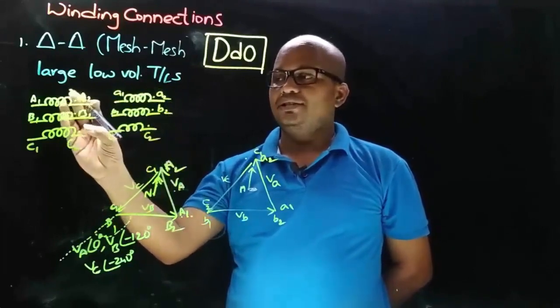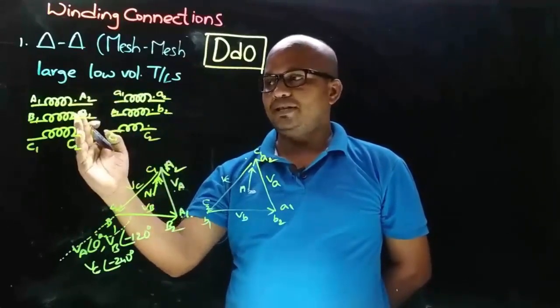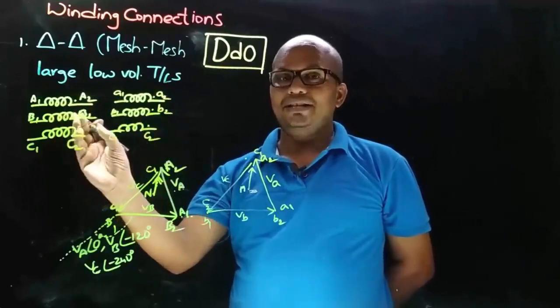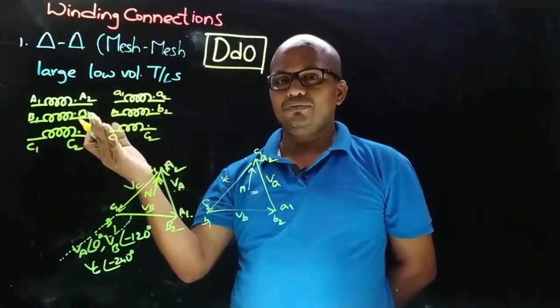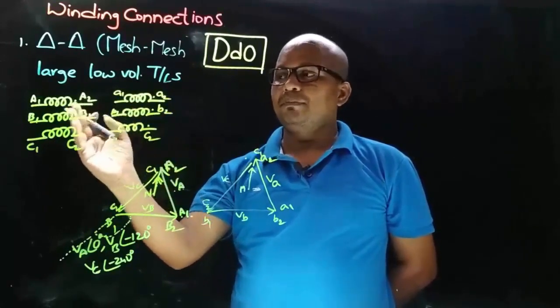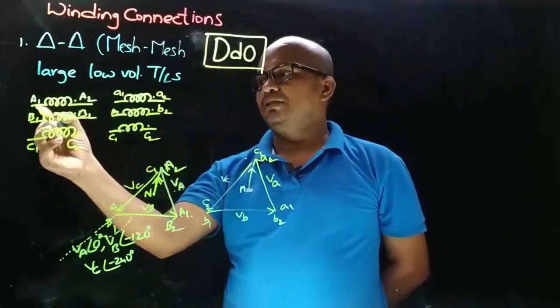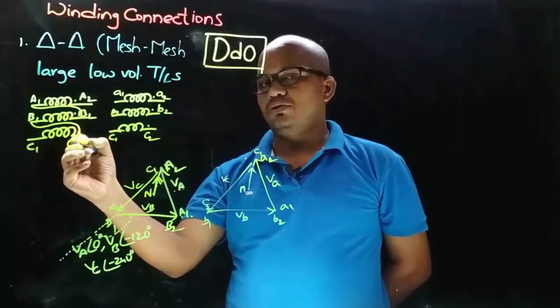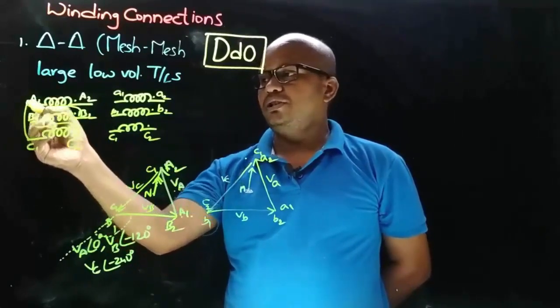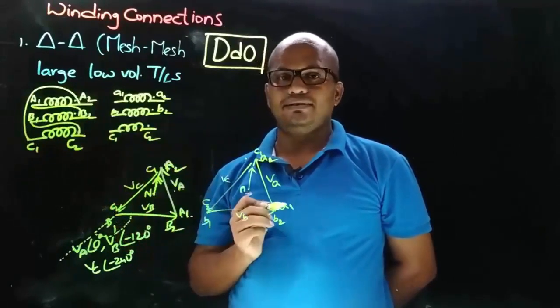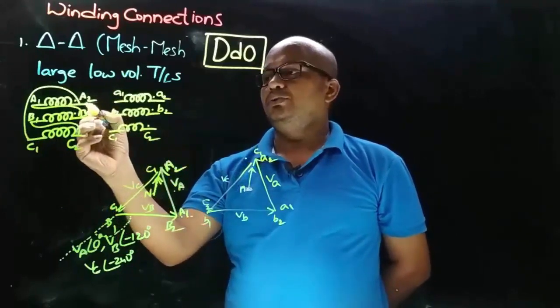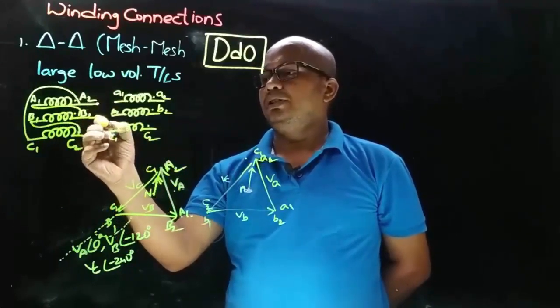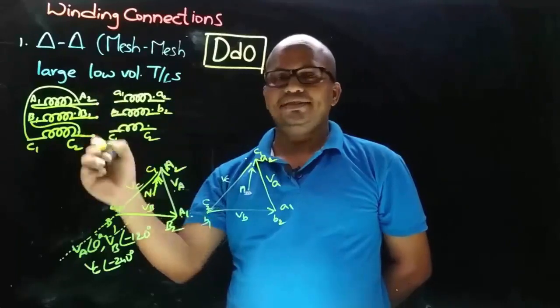First, let's consider the delta connection on primary side, and this primary side delta connection is same as that of the previous primary side delta connection, that is non-dot end is connected to dot end, non-dot end is connected to dot end, and non-dot end is connected to dot end, like this. And here we took the connections from A2, B2 and C2.